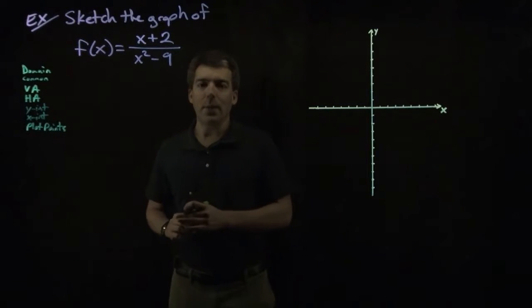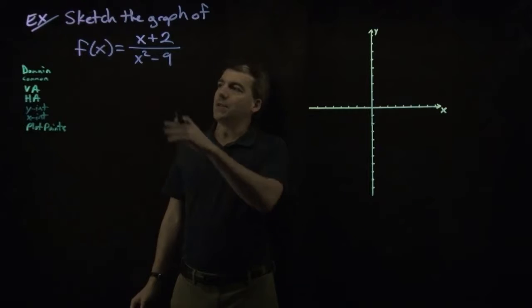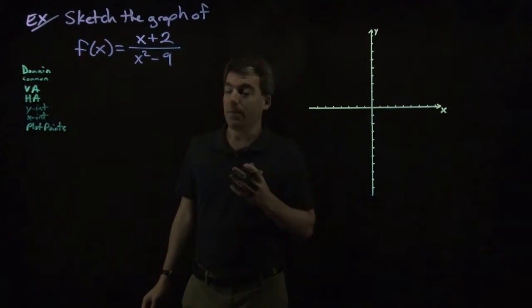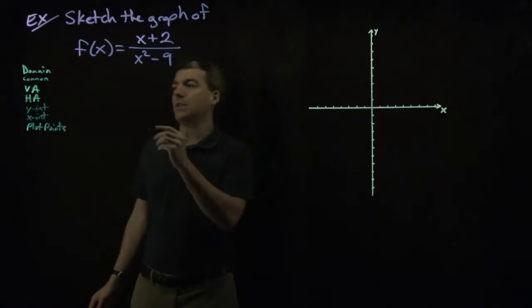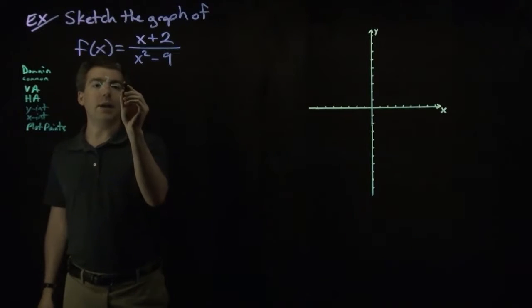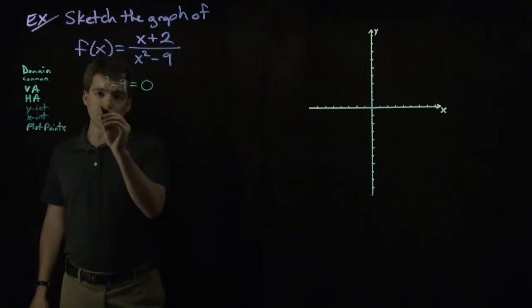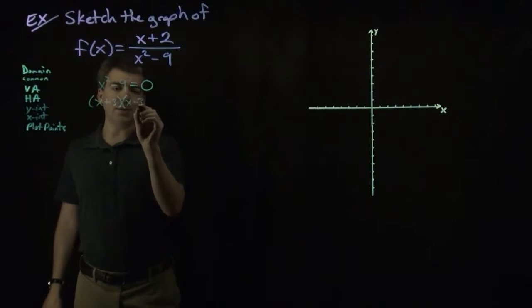The first thing we want to talk about is the domain. The domain of a rational function is all the numbers that can be plugged in without causing division by 0. And so we're interested in the zeros of the denominator. So we have x squared minus 9. Where is that 0? You can see that this factors into x plus 3, x minus 3.